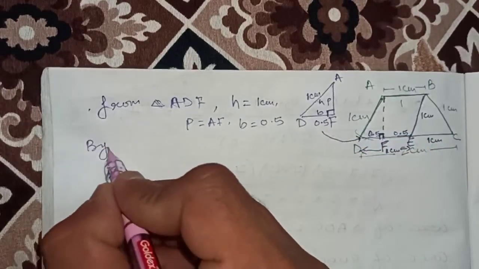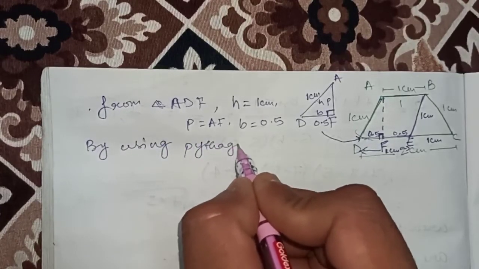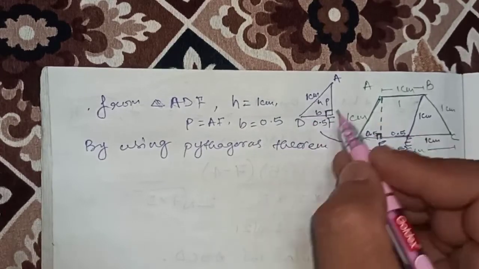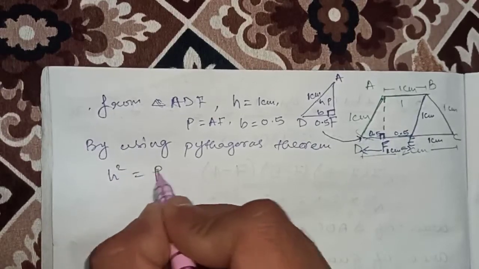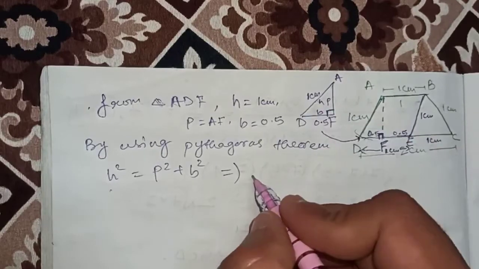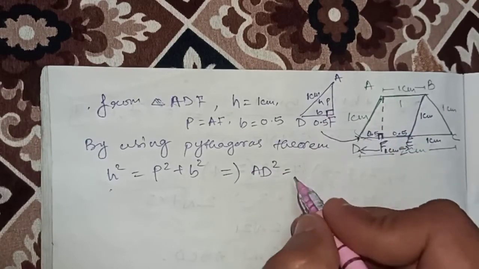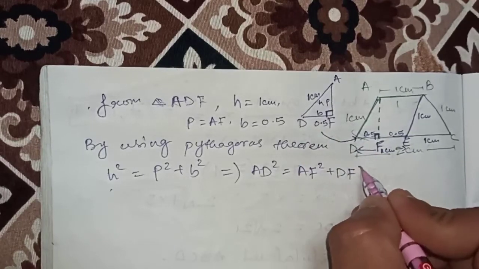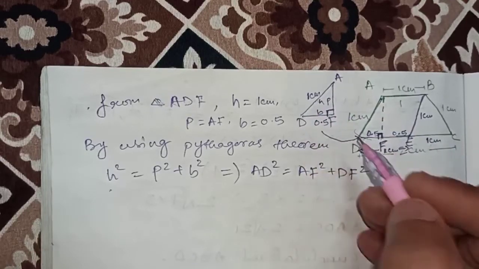So by using Pythagoras theorem, you have studied in your 8th class that whenever there is a right angle triangle we can use Pythagoras theorem. H square equals P square plus B square. What is H? H is AD. AD square equals AF square plus DF square.